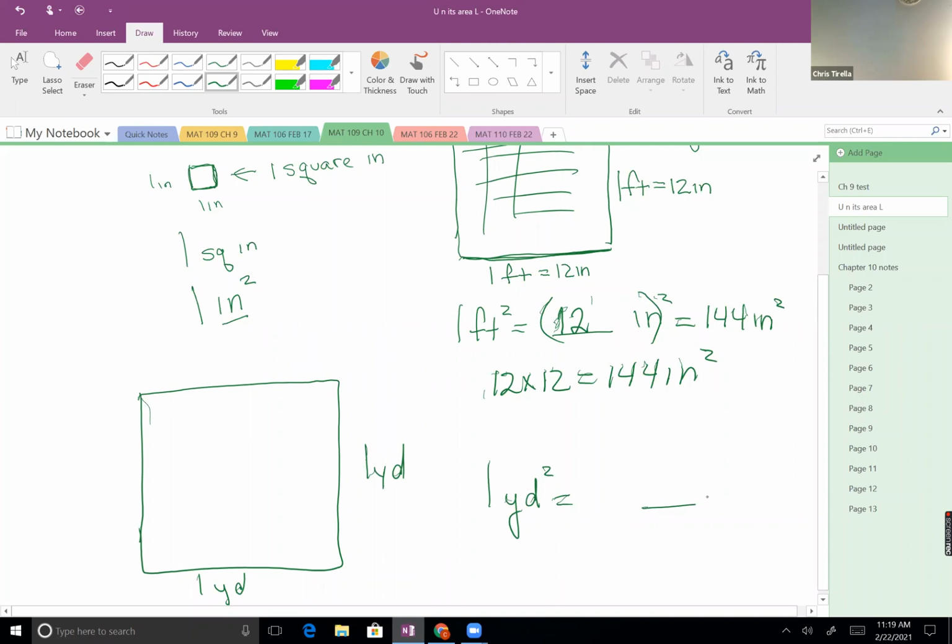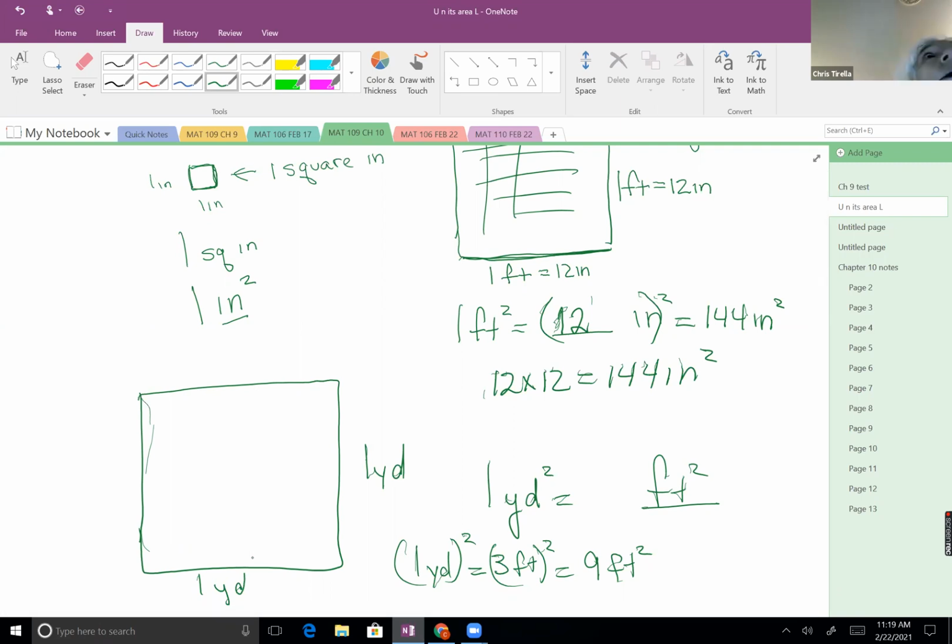And if I wanted to change it into square feet, well, I'd have to think if 1 yard is 3 feet, 1 yard squared would be 3 feet by 3 feet or 9 square feet. Does that make sense that when I go from length to area, I'd have to square, because I'm squaring my units, I'd have to square my conversion fact? Does that make sense, folks?